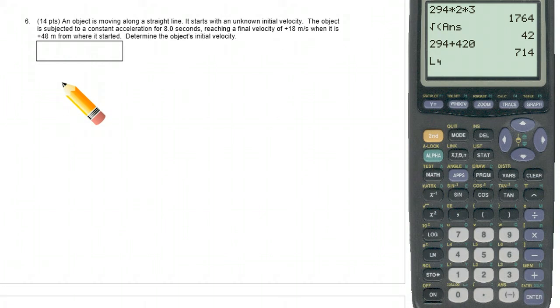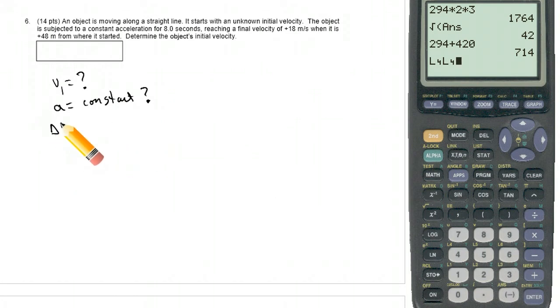Alright, so I shall get my pen switched over here. Alright, let's write what we know. V1 is what we're actually trying to find. Constant acceleration. Don't know it, but we know it's constant.